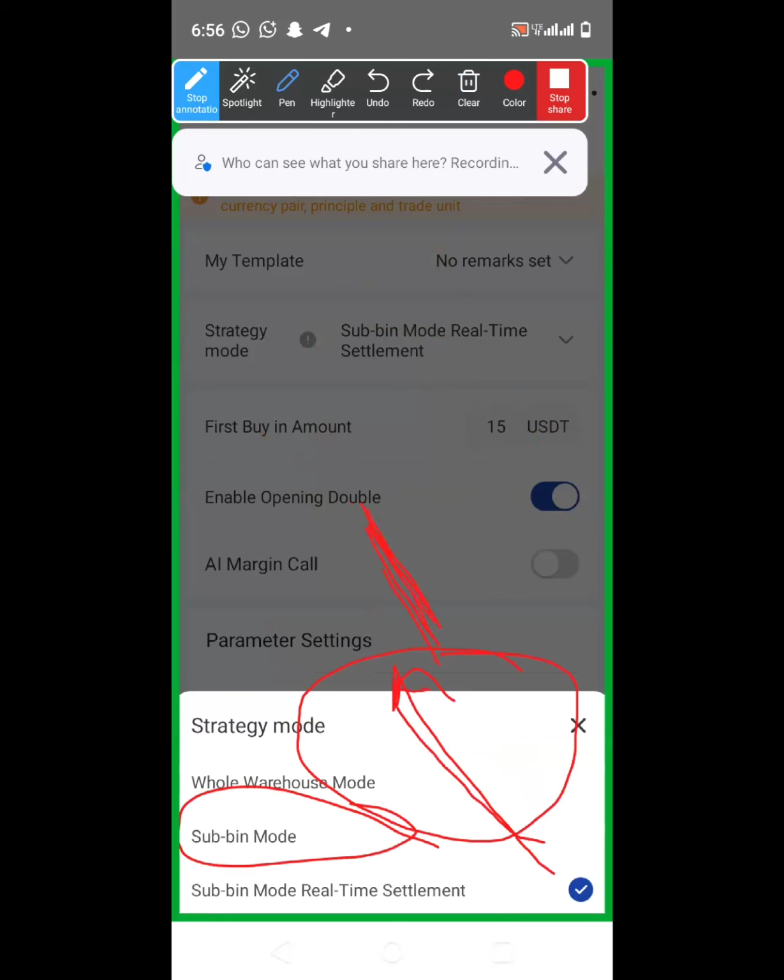And once it does that, it will not charge you totally from your gas fee, instead of charging you separately from the subbing real-time settlement.